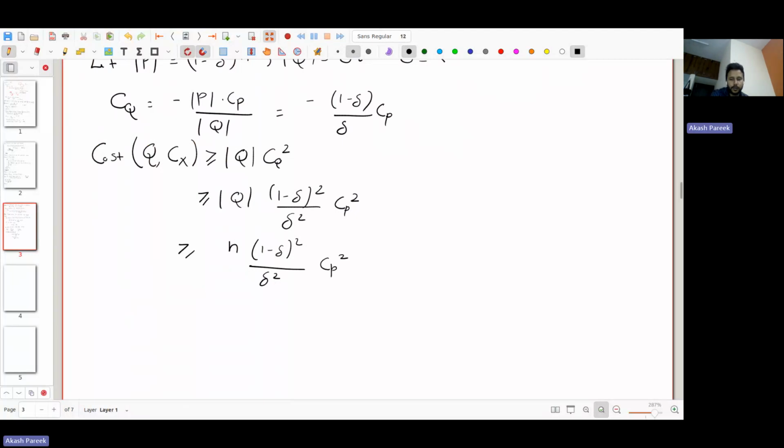So this is what we will have. It should be delta here, and we just plug in alpha. Then this is greater than or equal to N times (1 minus alpha) square by alpha times CP square, right?